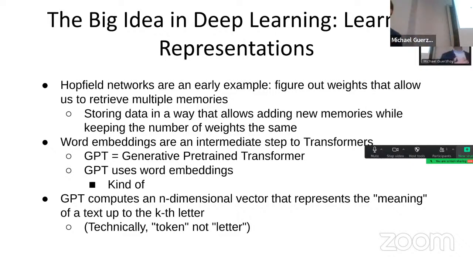So if you remember, what we did with Hopfield networks is we're trying to store multiple memories. And the way we're doing it is by figuring out a fixed set of weights that would encode multiple memories, multiple vectors.